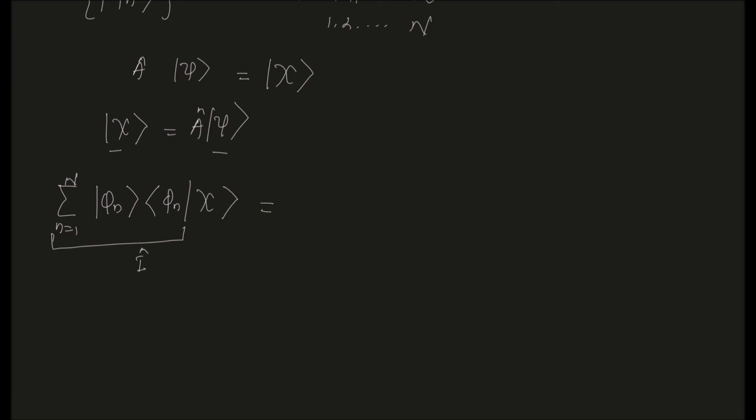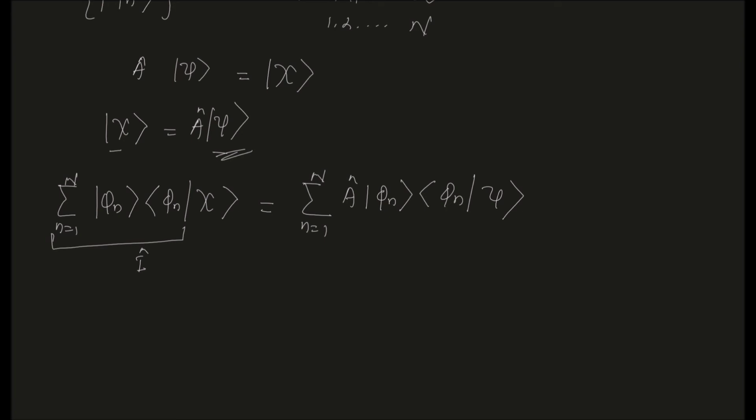So on the right hand side, again you can write sigma n equal to 1 to capital N, operator A, then phi n, phi n, then you have this psi vector.